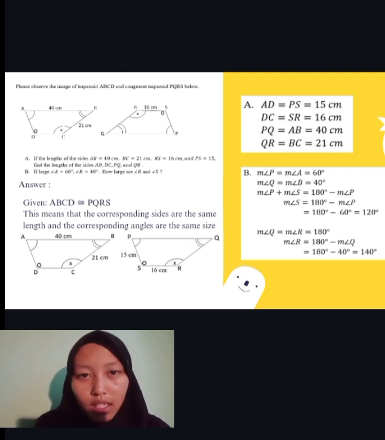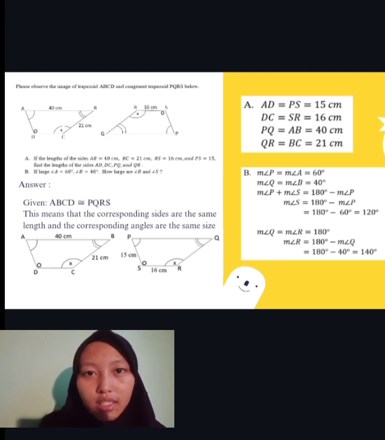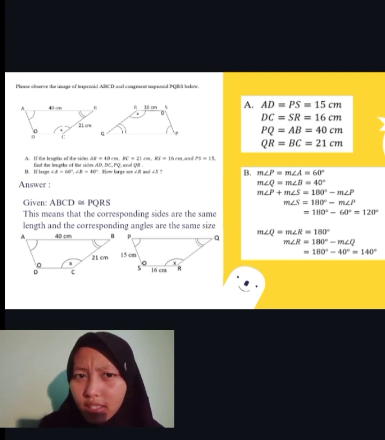Then for angle R and angle Q, when added together, the result is definitely 180 degrees. So we can write that the measure of angle Q plus the measure of angle R equals 180 degrees.